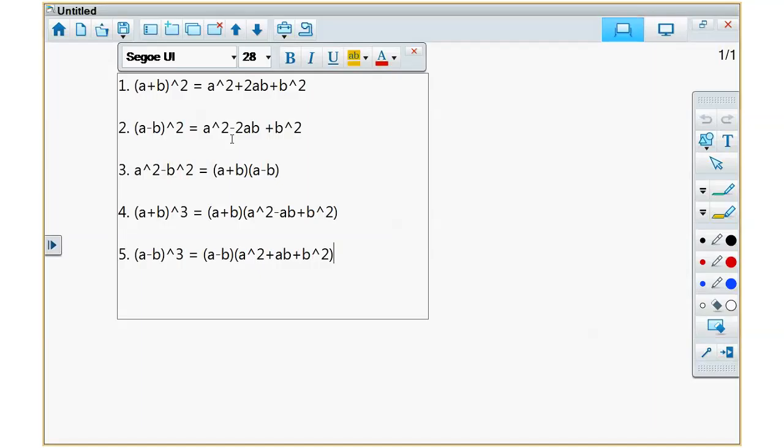Oh, that's supposed to be A cubed plus B cubed. I'm sorry, I messed up. That's supposed to be A cubed plus B cubed. And this is supposed to be A cubed minus B cubed. There's your shortcuts.